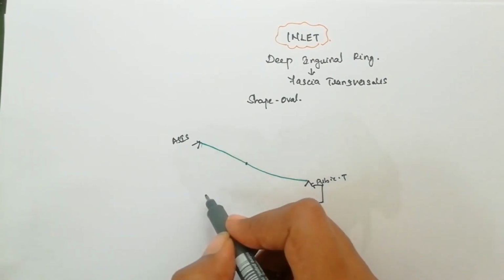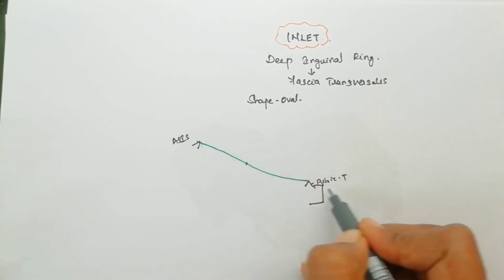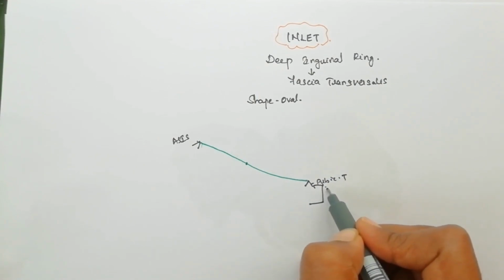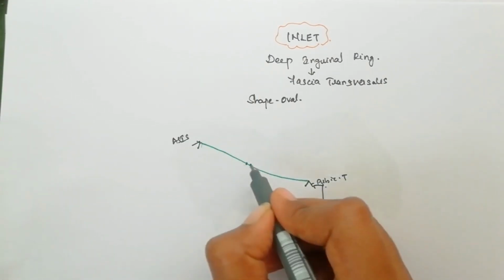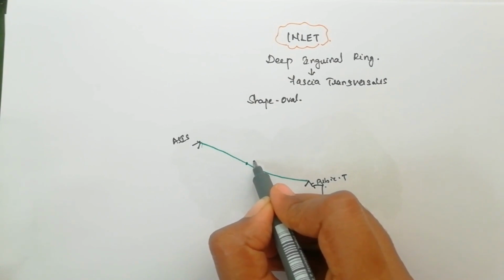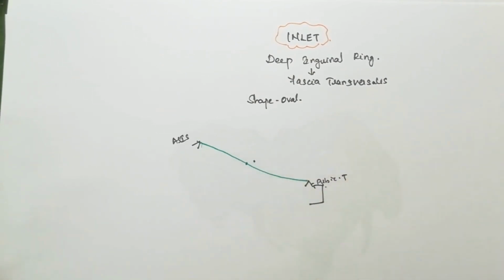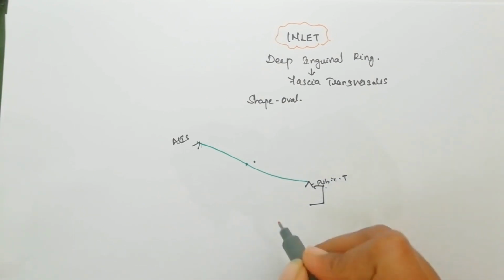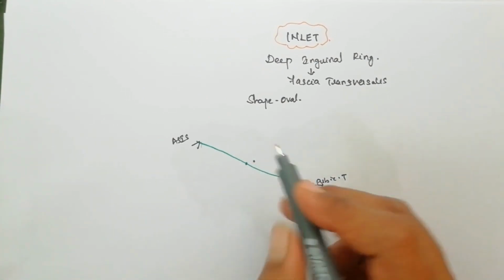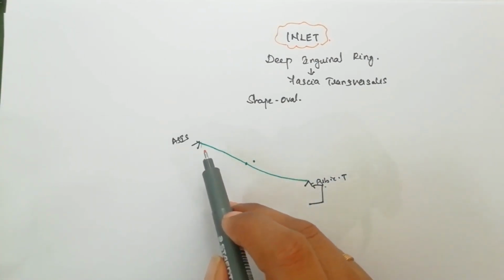Between the pubic symphysis and the anterior superior iliac spine we place a midpoint. We are calling that the mid-inguinal point.